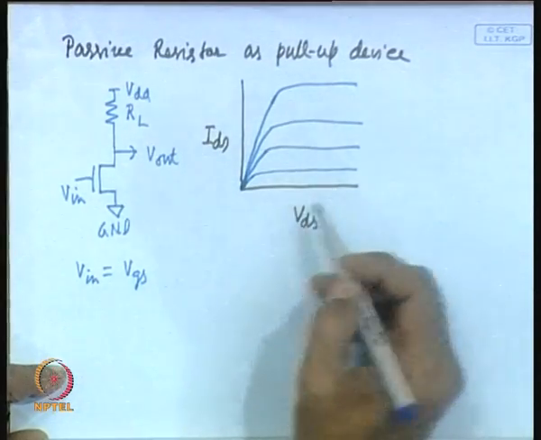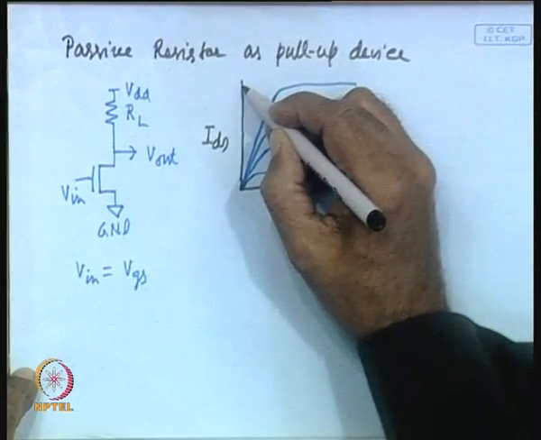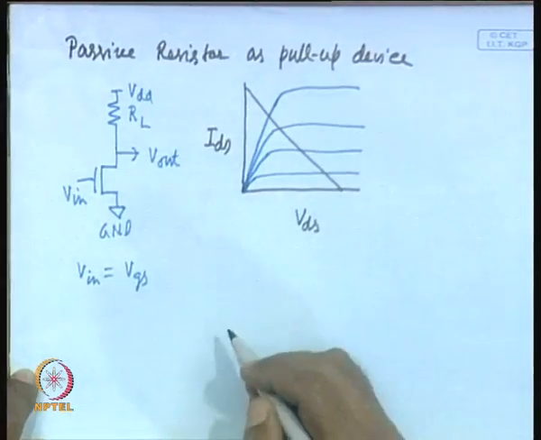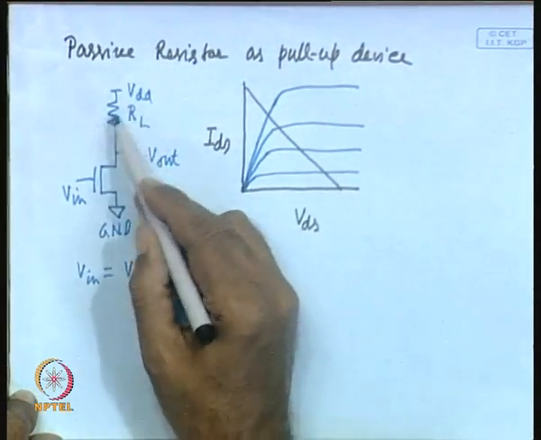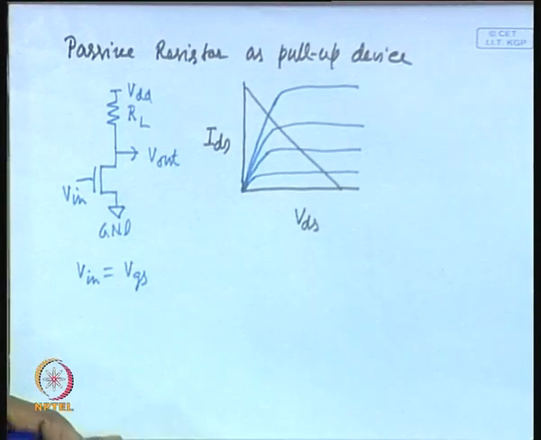What about how the output will change? To know about how the output will change, you will draw a line which is known as the load line, which essentially represents the resistance of this load resistor that you have connected.